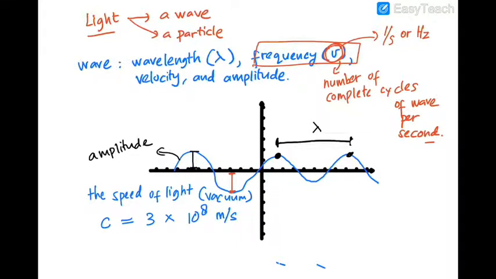Now this speed of light is a constant. Based on the speed of light, there is a derivation that results in this formula where c is lambda times nu.